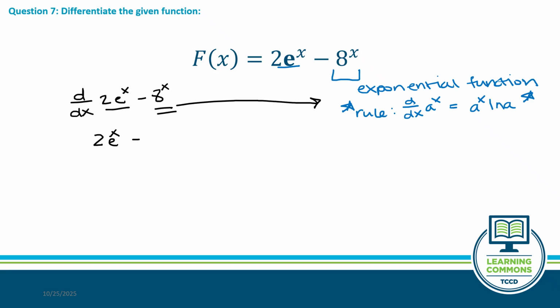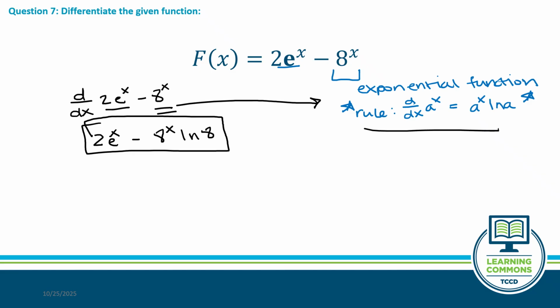Should not be anything crazy. It's going to be 8 to the x ln 8. And then you're done. This is easy, painless, as long as you know your rules, okay? And I want this exam to be as easy and painless as possible, because it absolutely can be if you guys are good on rules like this.